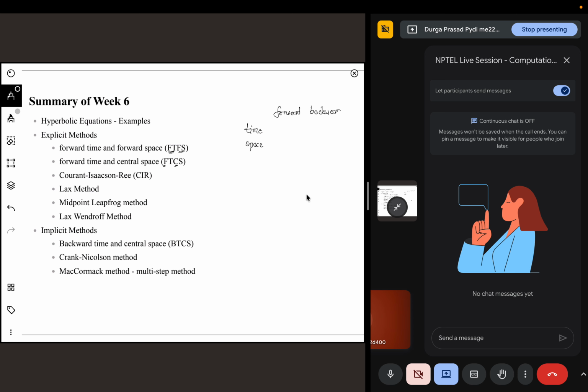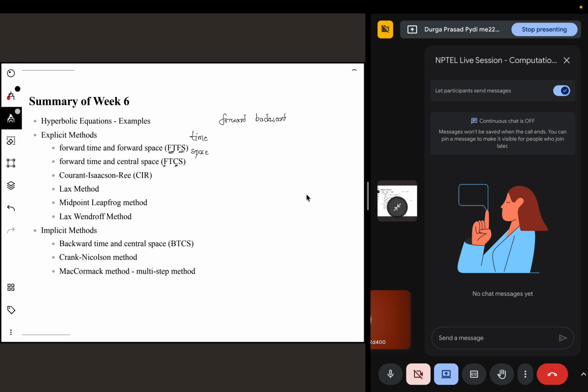Within the finite difference formulation, we have different ways of discretizing the domain: forward, backward, and central, up to second order. This is first order, and this is second order. You can choose different combinations: forward time forward space, forward time central space, all the combinations that you can try out.